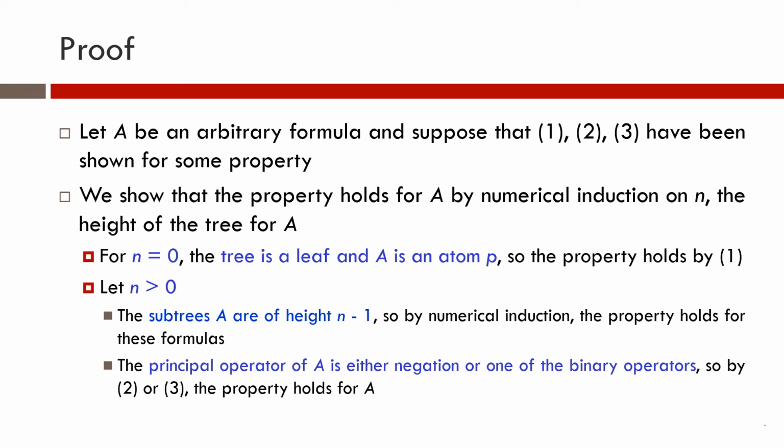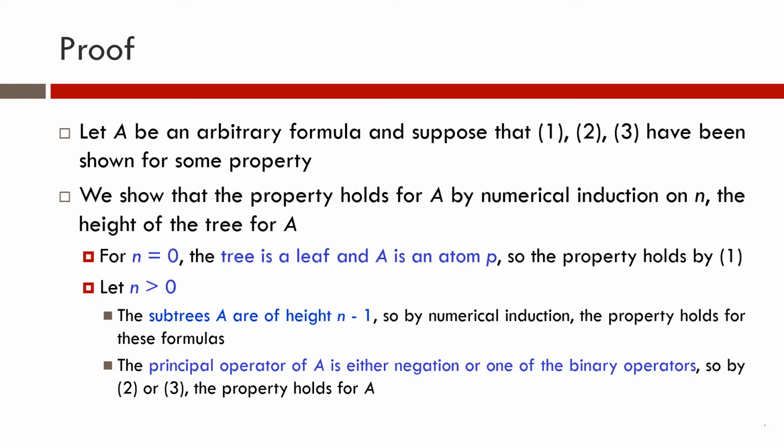Now the next case is n greater than 0. If n is greater than 0, then we have a principal operator which labels the root of the tree, and which will have either 1 or 2 subtrees. See, the height of the tree is n.